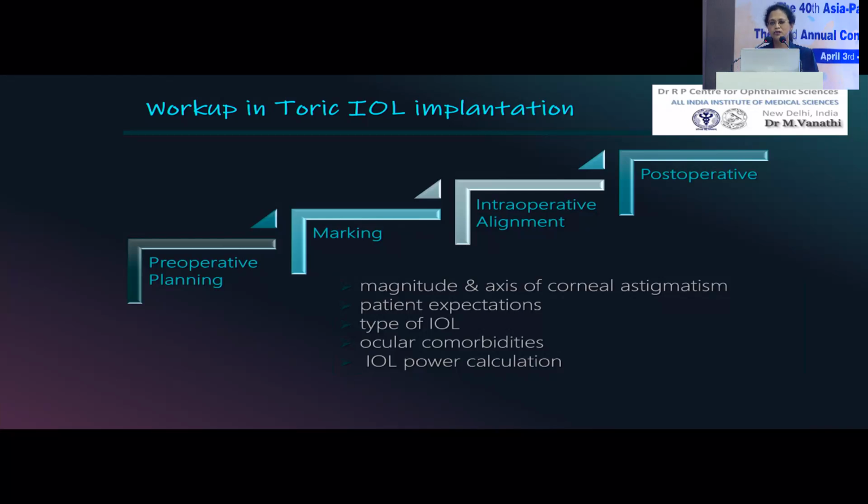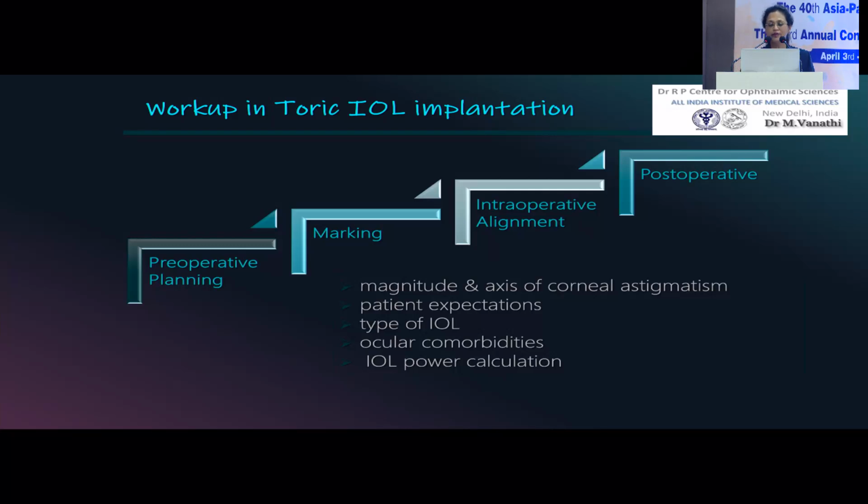So you also need to know the magnitude of astigmatism, the axis of astigmatism, the realistic expectations of the patient, and what type of IOL you're implanting, because we now have toricity not only in monofocals; you have multifocals and you have trifocals which are also coming with toric components.